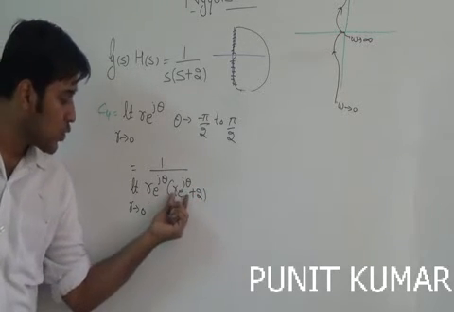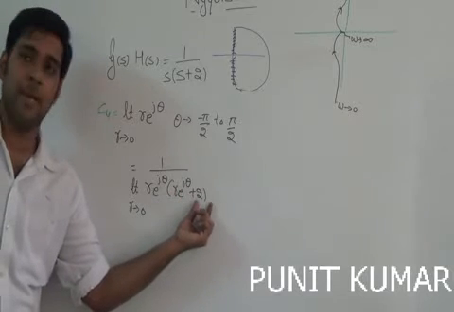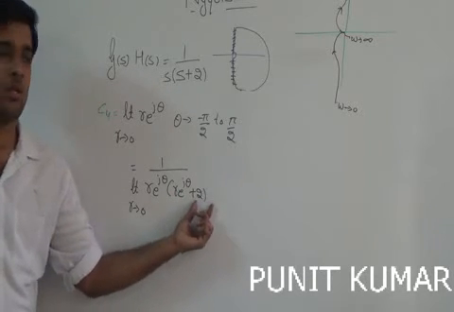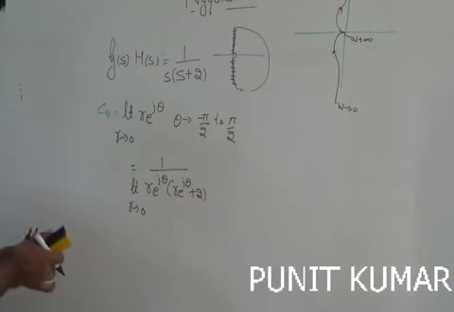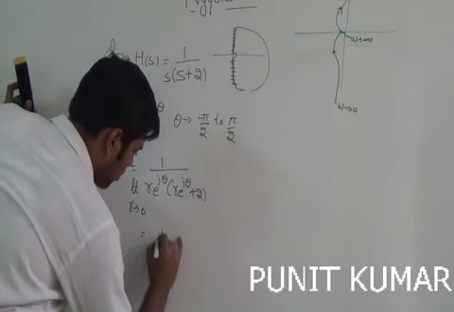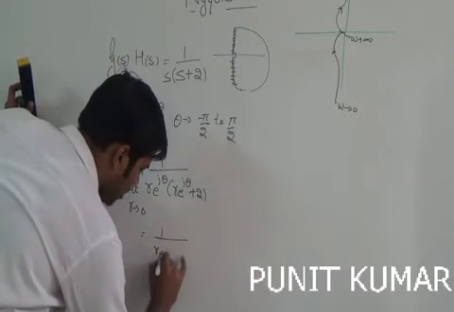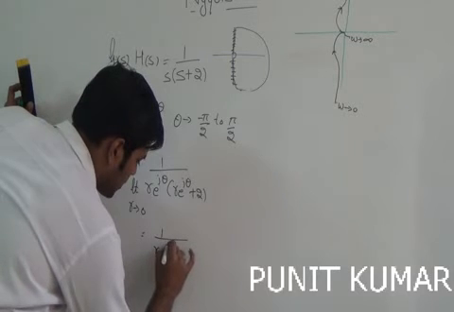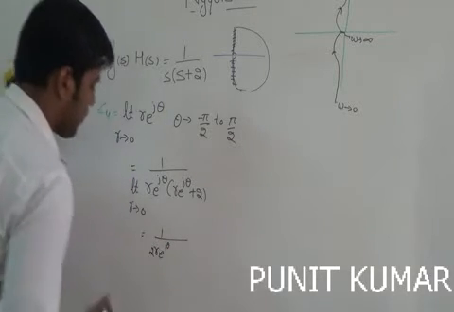We will neglect it in comparison. That comes out to be 1 divided by r e to the power j theta into 2.